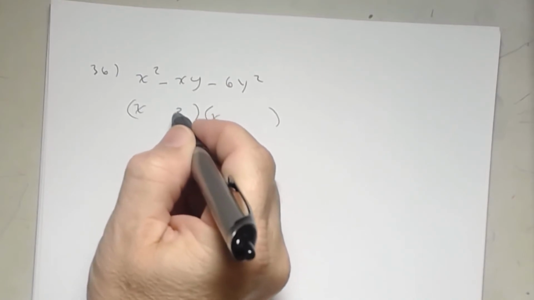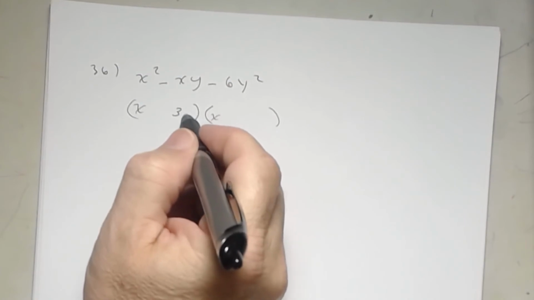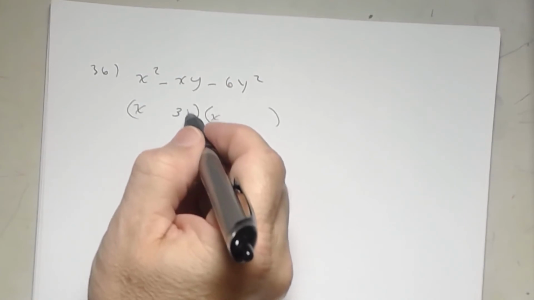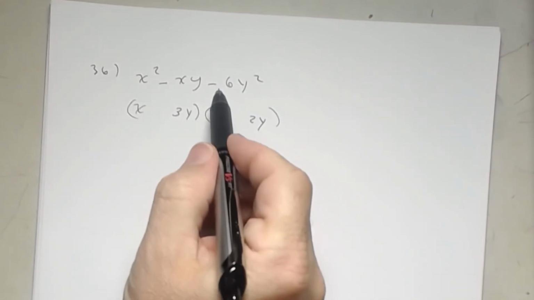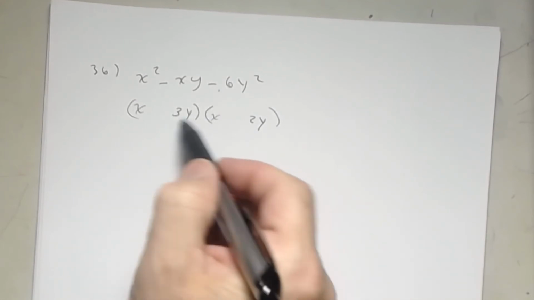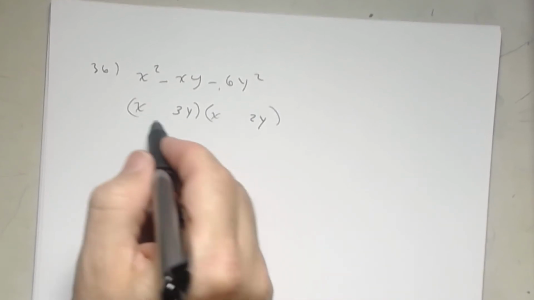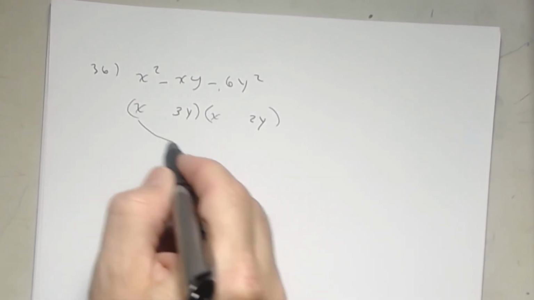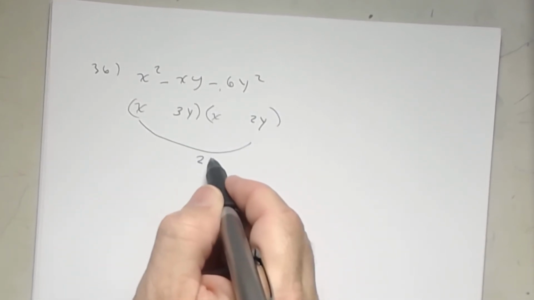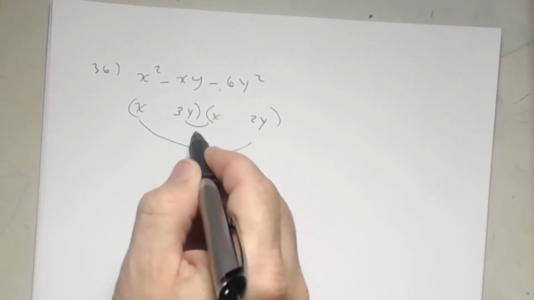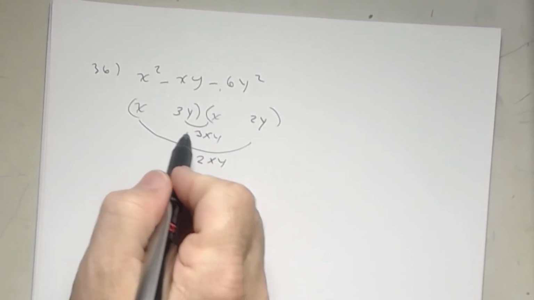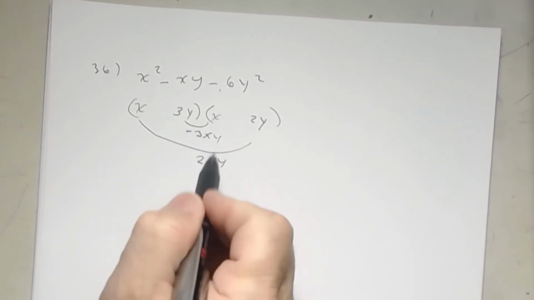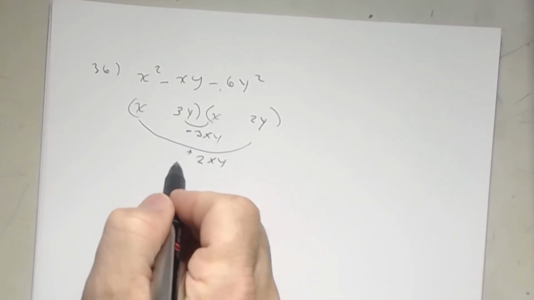You got the 1x, negative 1xy. So 3y and 2y, correct? The last sign's negative, so that means the signs in here are different. Since they're different, let's talk about the outer and the inner. The outer is 2xy, the inner is 3xy. The larger coefficient takes the middle sign, so 3xy has to be negative and 2xy has to be positive.